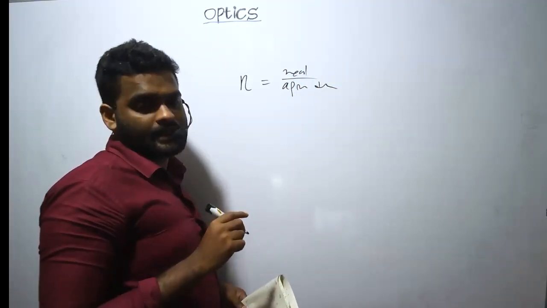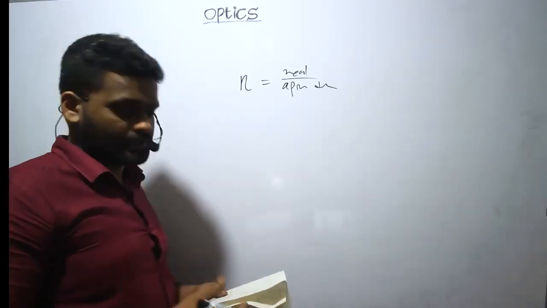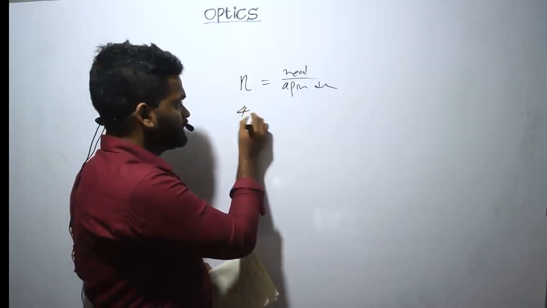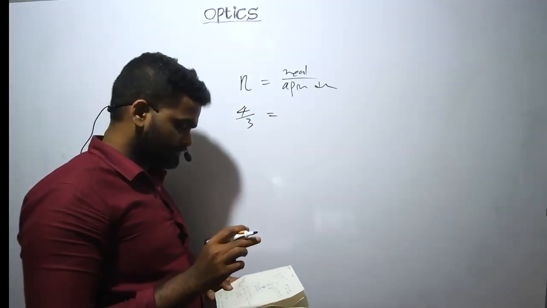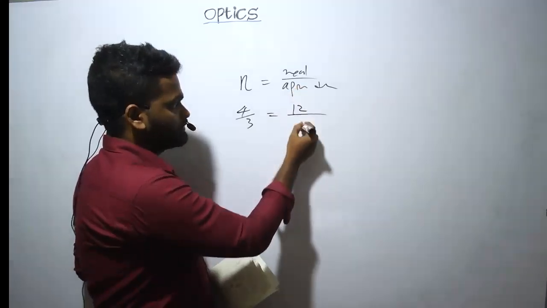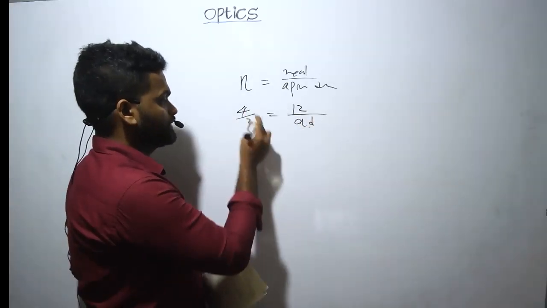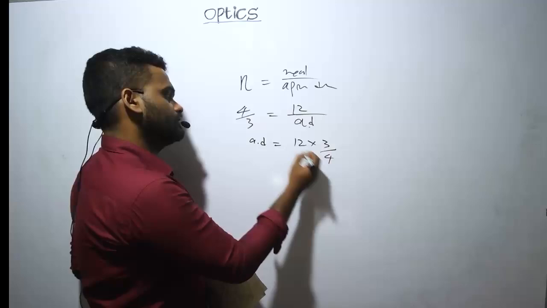Apparent depth is what they ask. So n is what? It is water, so n is 4/3. Real depth is given, it is 12. So apparent depth equals 12 times 3/4.